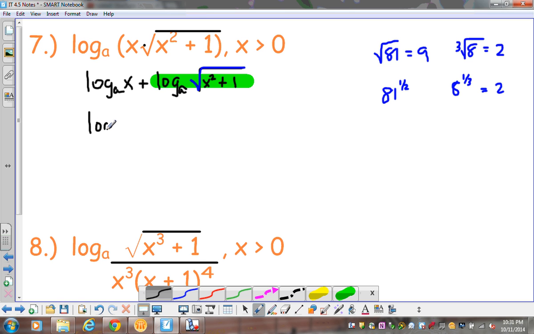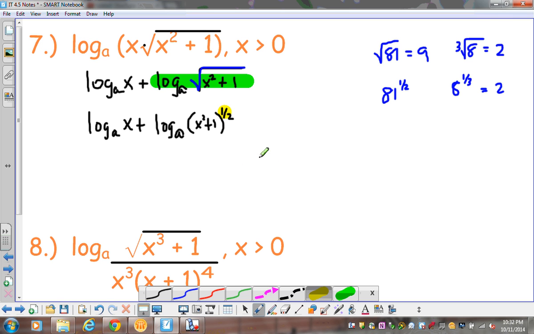So we have log base a of x plus log base a of x squared plus 1 raised to the 1/2 power. That's what we've got. There's one other thing I can do here, and that is with this exponent.